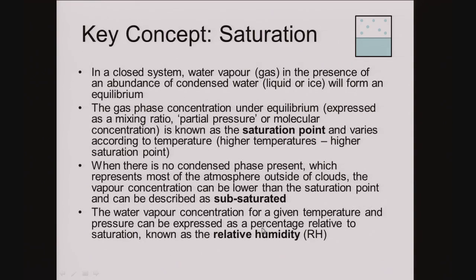So you take the partial pressure of water and you divide by the saturation point, and that tends to be a number that's less than 1. That's known as the relative humidity. You're expressing the humidity relative to saturation. It's a relative humidity. Okay.